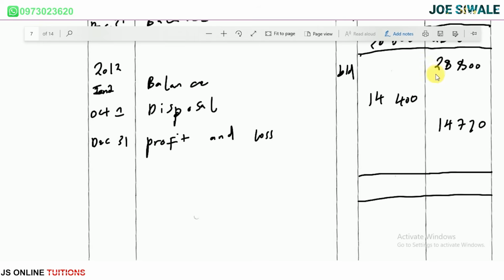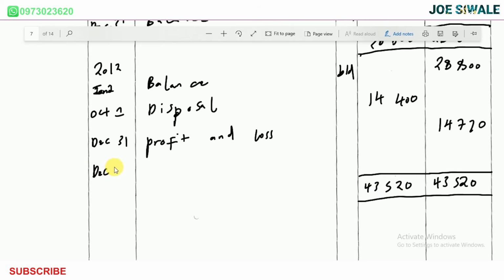So there, our totals, we're going to discover that the credit side is going to be more than the debit side. So we're going to add 28,800 plus 14,720, and we have 43,520. We're going to record that on both the debit side and the credit side.